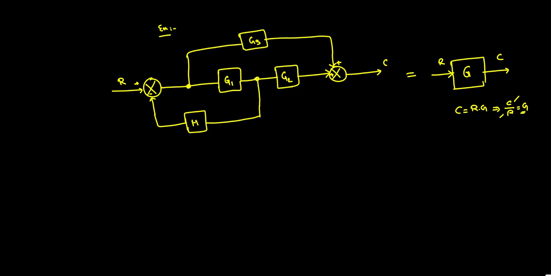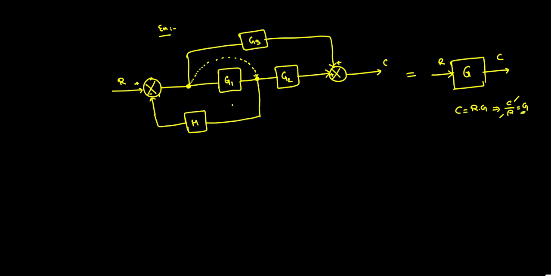So let me think step by step. First of all, whatever this point is there, if I transfer this point to here, then this will become completely a feedback path kind of thing. It will be easy to understand that, right?